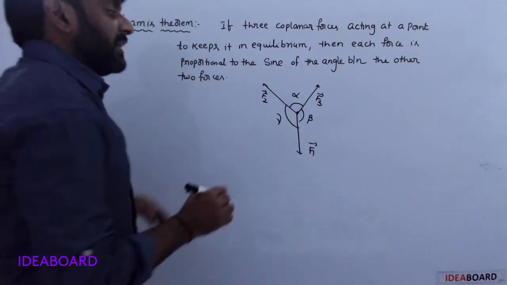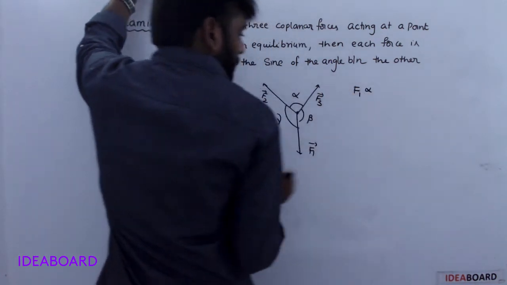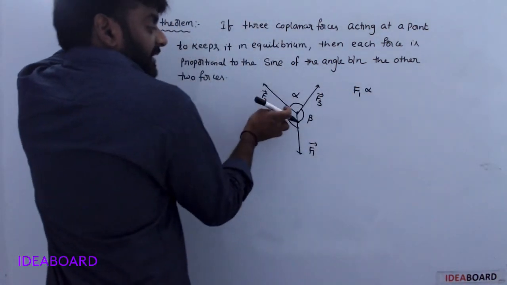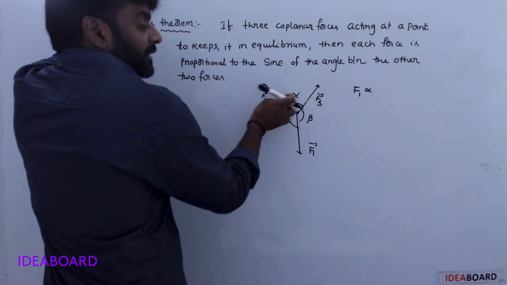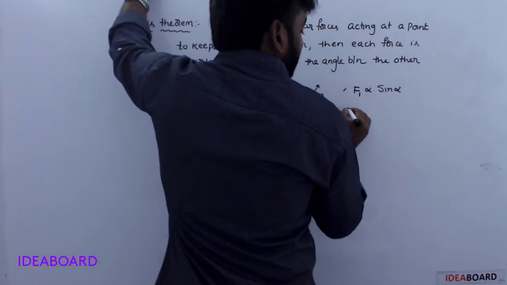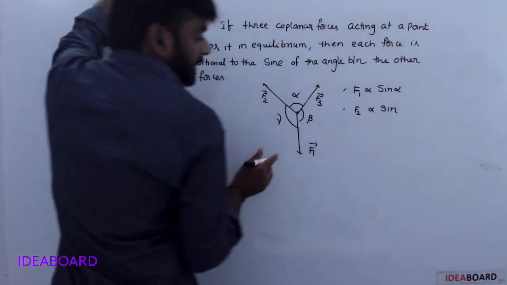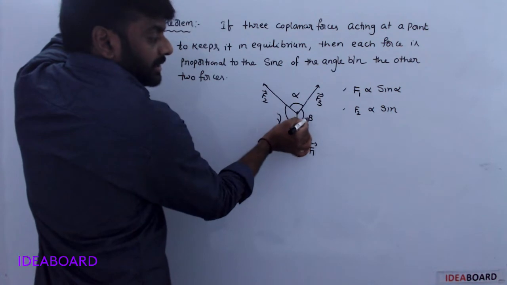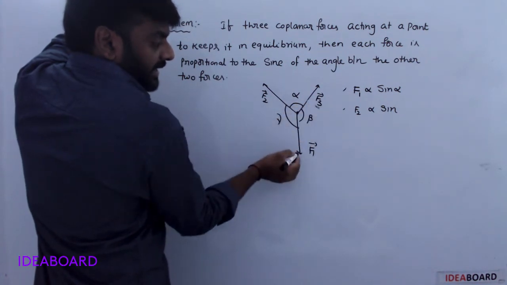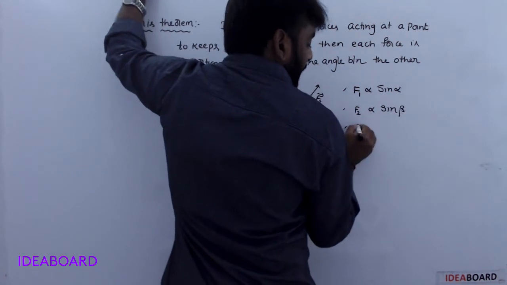Understood? Okay. From the definition, force F1 is directly proportional to the sine of the angle between the other two forces. That means sine alpha. F2 is directly proportional to sine of the opposite angle; here the other two forces F3 and F1 have angle beta, so sine beta.